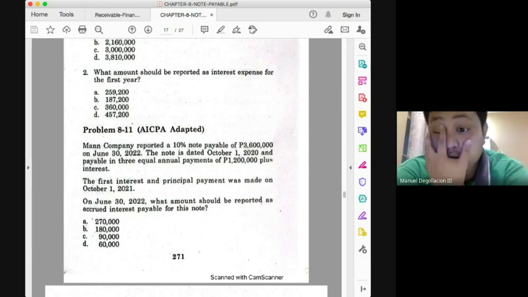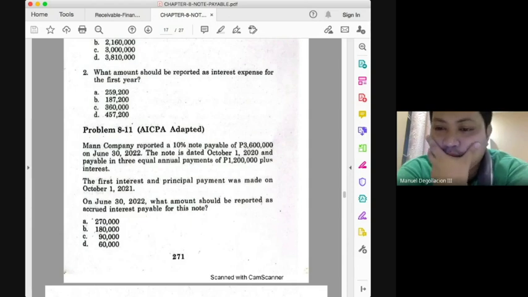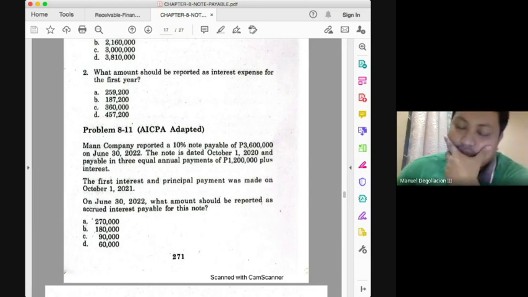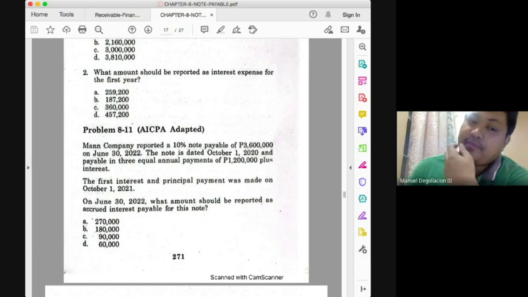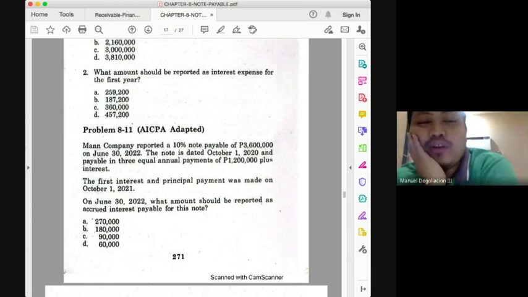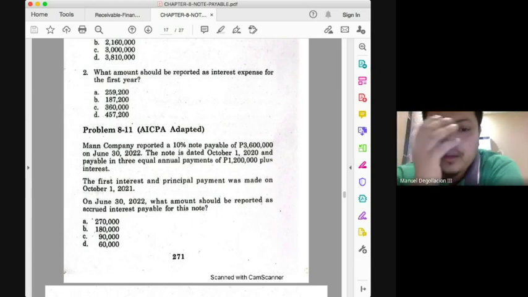The amount of interest that you can earn from October 1, 2021 to October 1, 2022 would just be based on the 2,400,000. If you multiply 2,400,000 with 10%, the interest earned from October 1, 2021 to October 1, 2022 will only be 240,000.